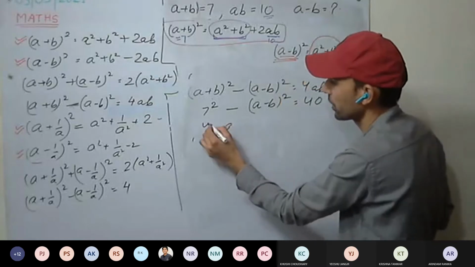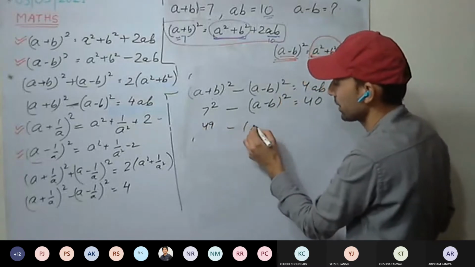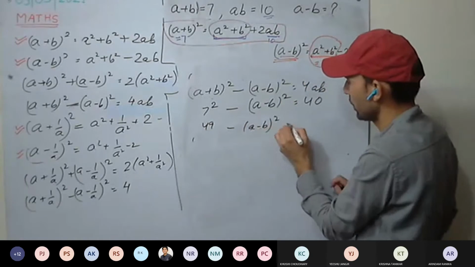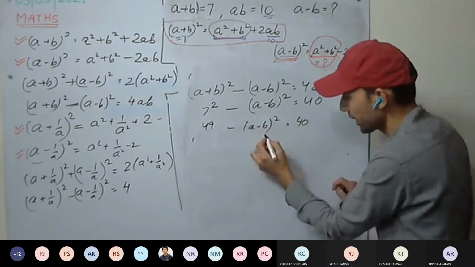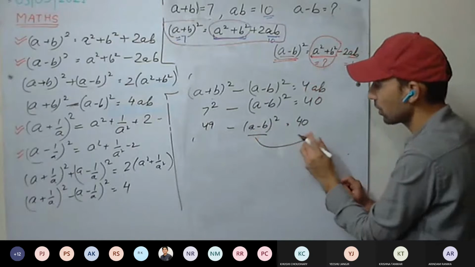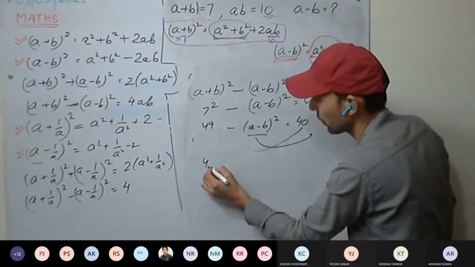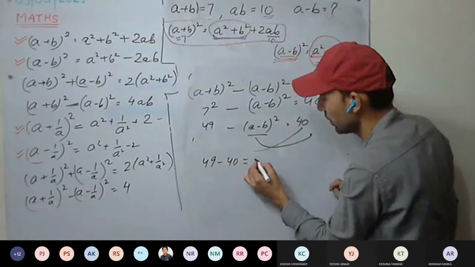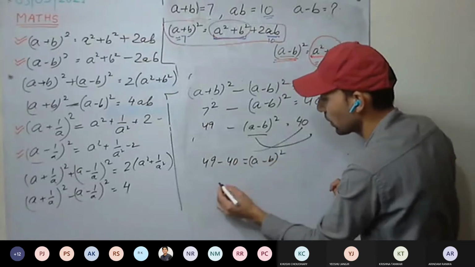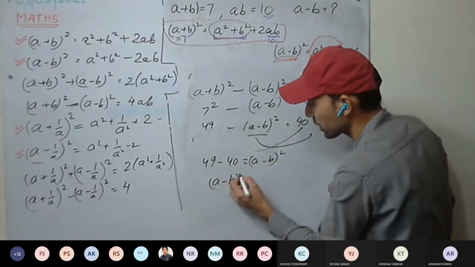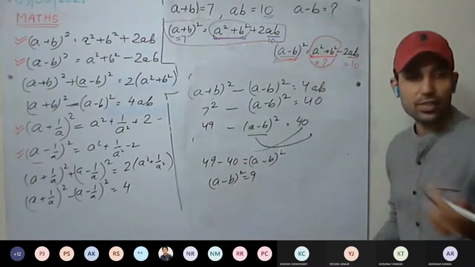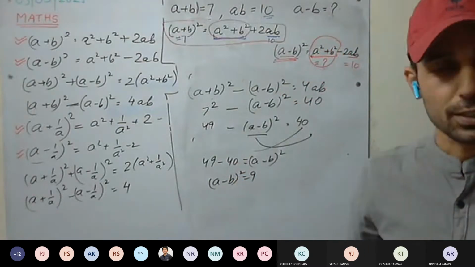So 49 minus (A minus B) the whole square equals 40. Take this on the right hand side and that on the left hand side: 49 minus 40 equals (A minus B) the whole square, or (A minus B) the whole square equals 9. Again we got the answer: A minus B equals plus minus 3.